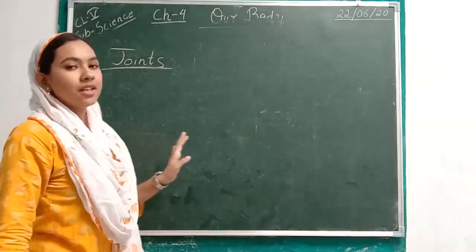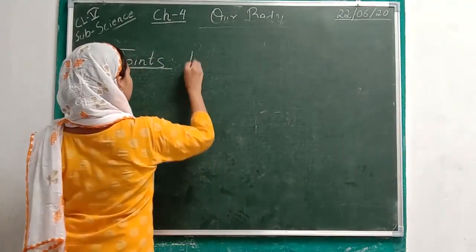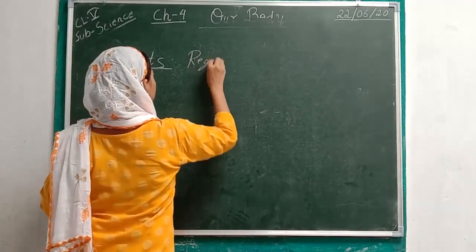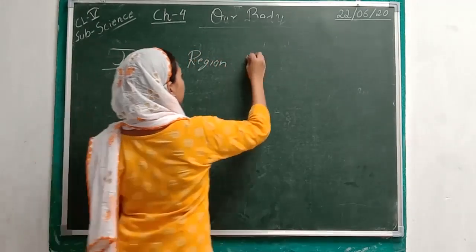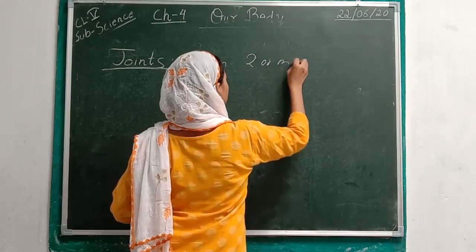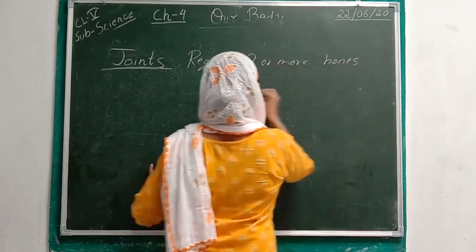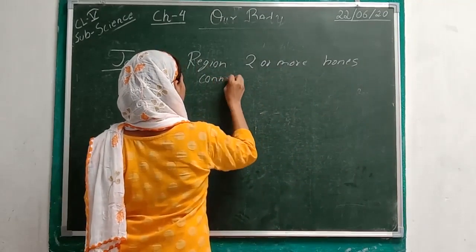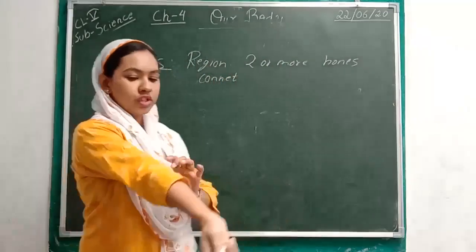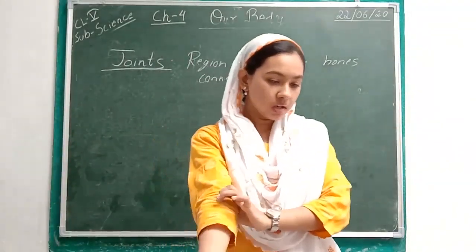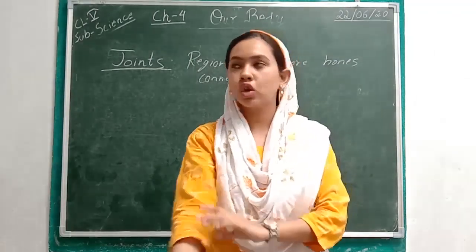So what do you understand by joints? Joints are the regions where two or more bones connect or are joined. The region where two or more bones meet together is known as a joint.